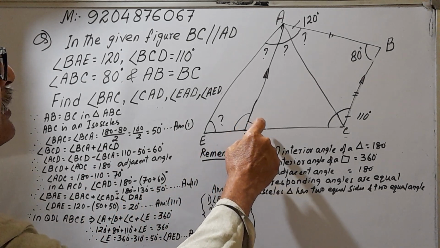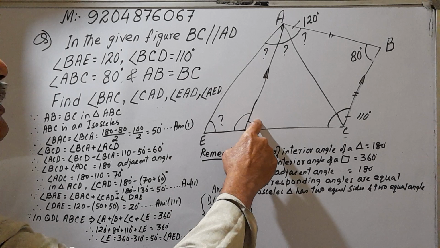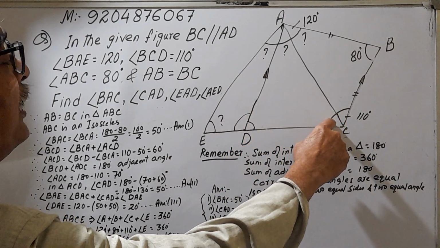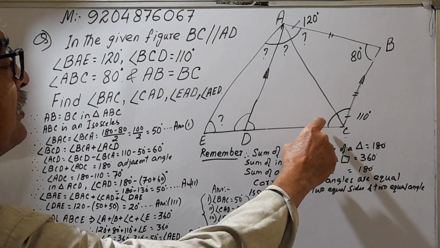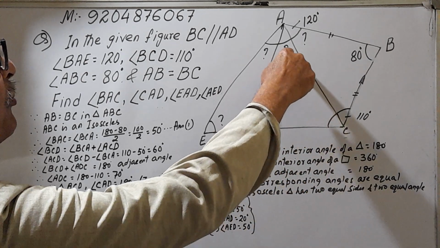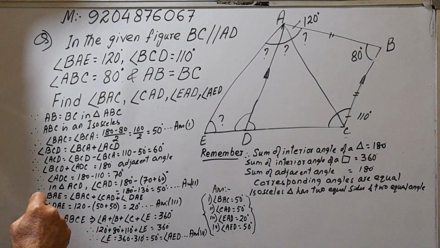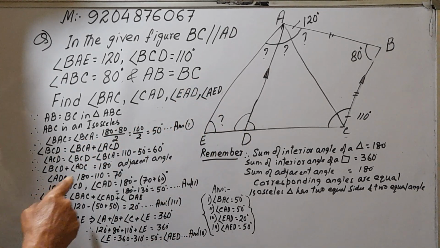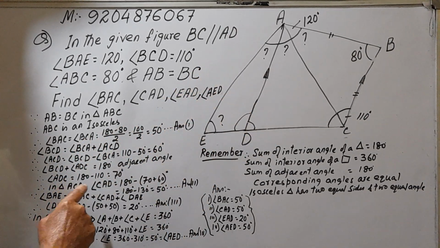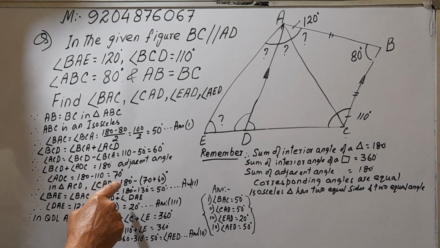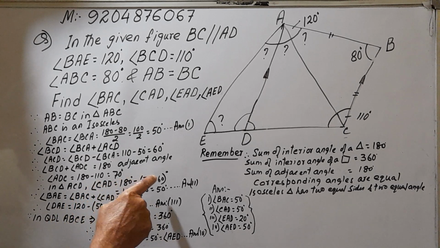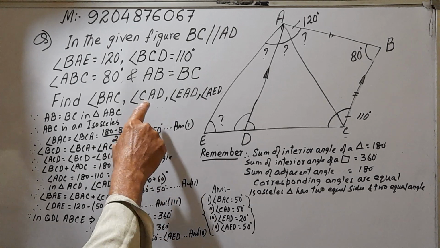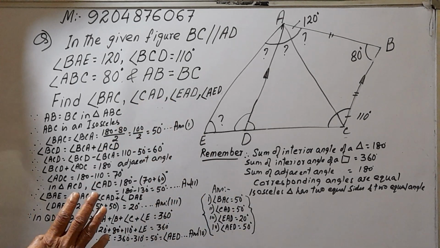Now you see, this is 70 and this is how much? 110 minus 50, 60. So 70 plus 60 is 130, and this angle should be 50 degrees. Like this, I have written that in triangle ACD, angle CAD equals 180 minus (70 plus 60) degrees, that is, answer 50 degrees. Answer 2. Now EAD is the same thing.